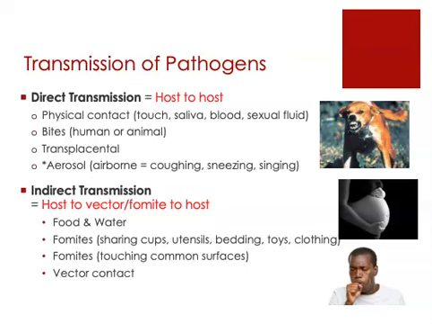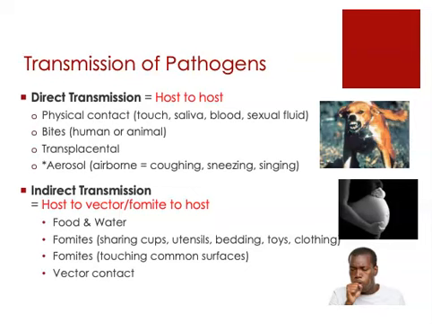When a pathogen is transmitted from host organism to host organism, that is called direct transmission. When a particular pathogen is transmitted from a host organism to a vector or a fomite, and then to another host organism, that's referred to as indirect transmission.